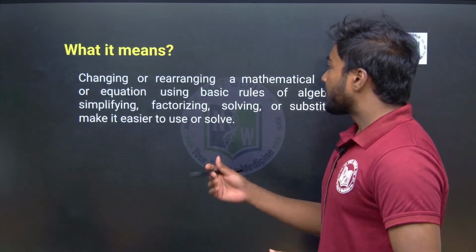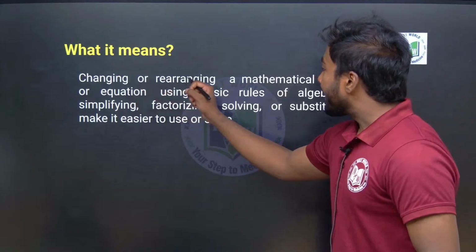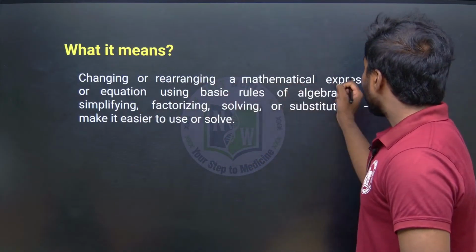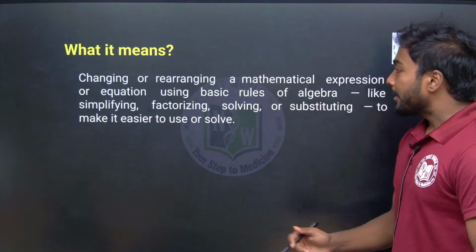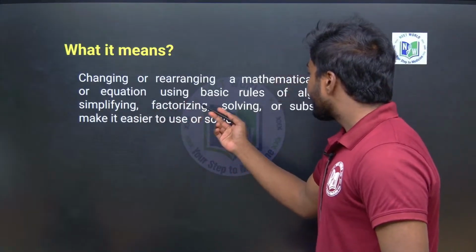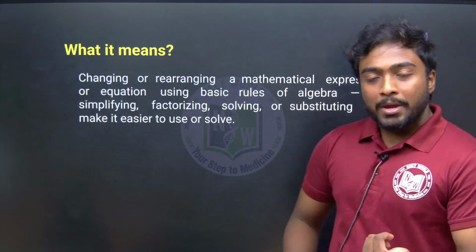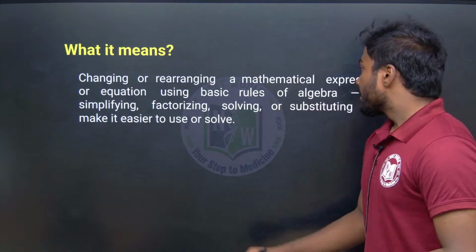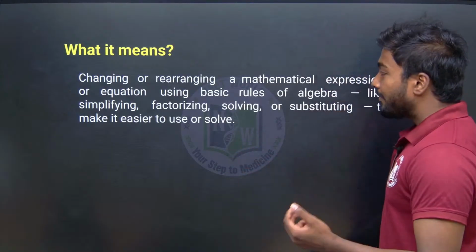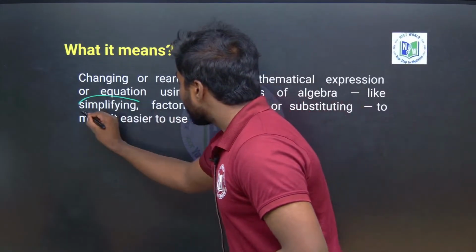What does it mean? First of all, we will see from the basic terms. Algebraic manipulation means changing or rearranging a mathematical expression or equation using basic rules of algebra, like simplifying, factorizing, solving or substituting, to make the equation easier and get the values. In the previous classes, 10th, 9th and 8th, you have done simplifying.